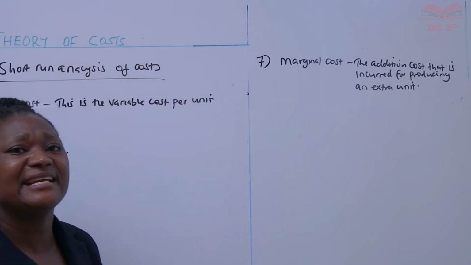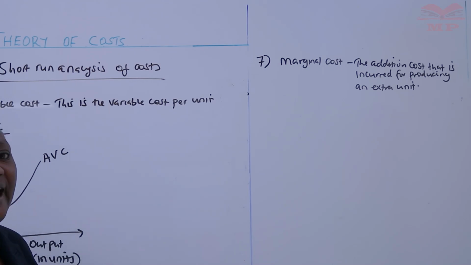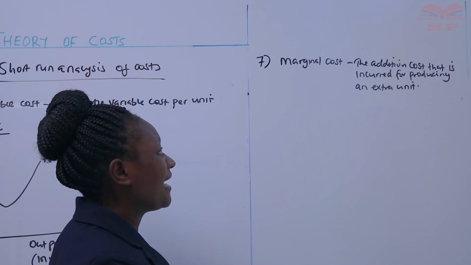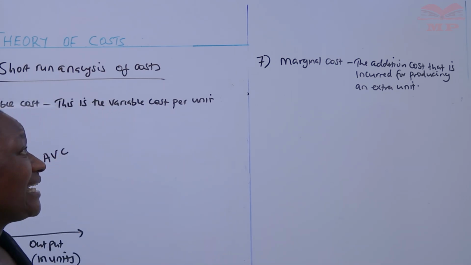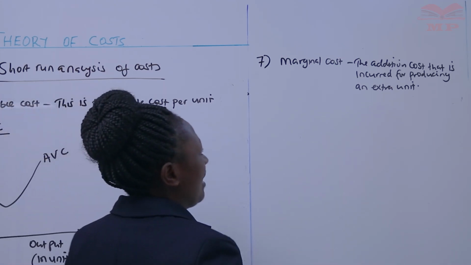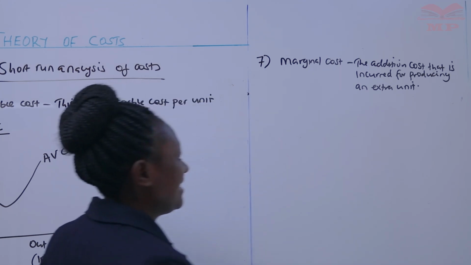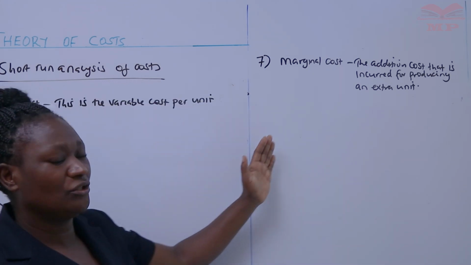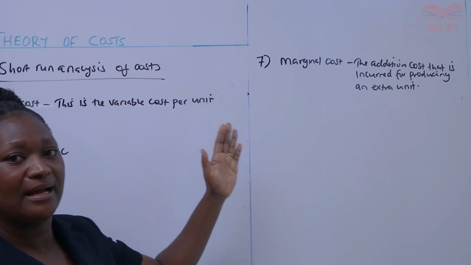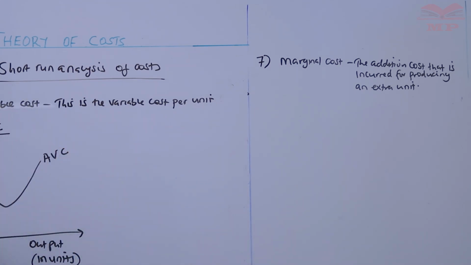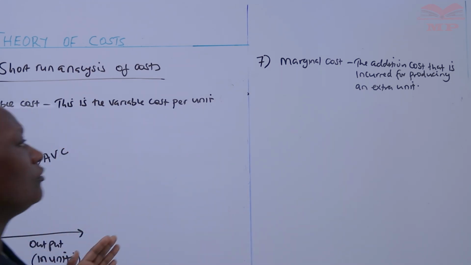It only arises when we have a change, and that change is an increase, because it is the cost of producing an additional or extra unit. So how do we illustrate the relationship? A marginal cost is also U-shaped, just like the average total cost and average variable cost.